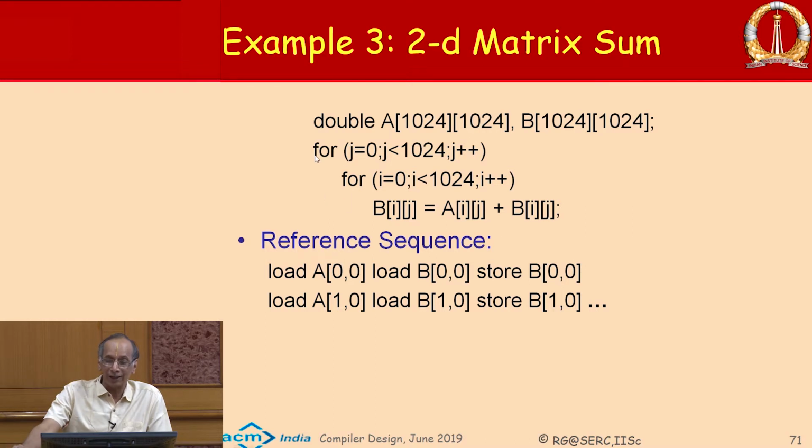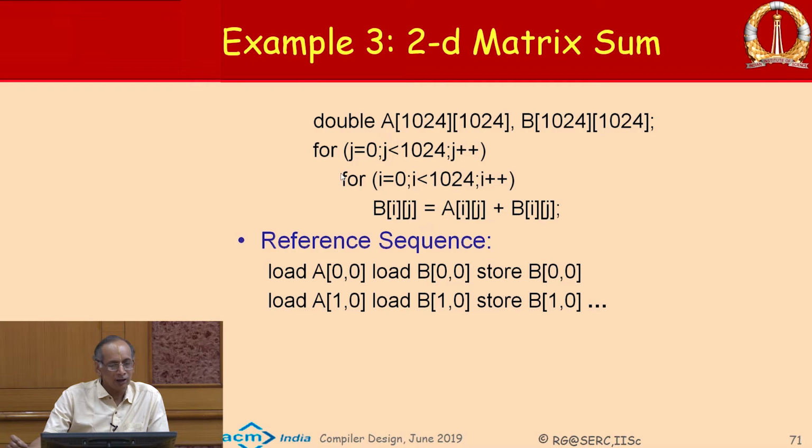So, again it is the responsibility of the compiler to understand what is the right storage order, and if the loop is not in the storage order, to interchange the loop so that you can get the benefits of spatial locality. It may not always be possible to do the interchange.